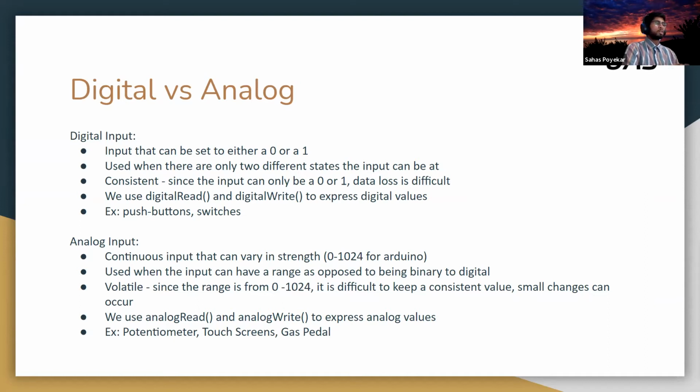Let's say you had a potentiometer hooked up to your setup, and the LED will only light up if the potentiometer is producing a value of 500. If there's even the smallest nudge on the potentiometer, that might move the signal strength to 501, and that would no longer allow the LED to light up because we only set it to 500.